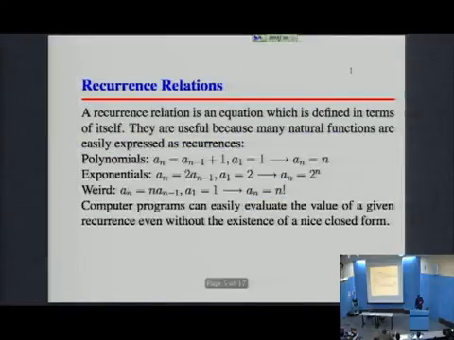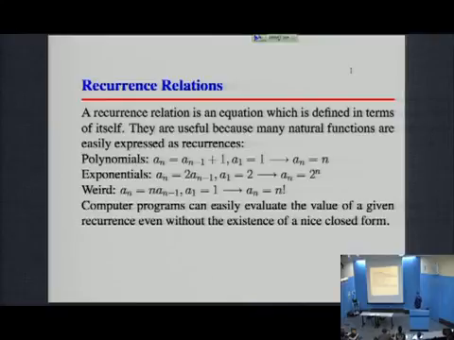So the algorithms that we're going to be basing our dynamic programming on are going to be recursive algorithms. Usually the recursive algorithms are going to be described by a recursive formula, which you may know of as a recurrence relation.